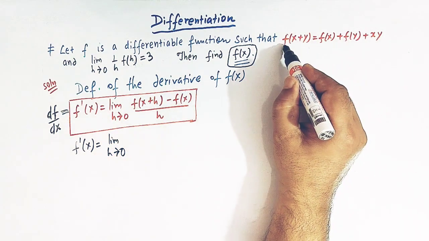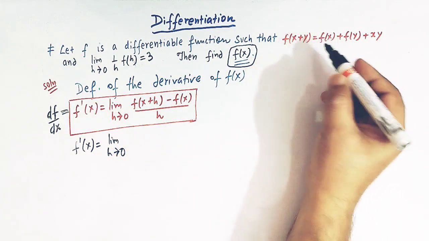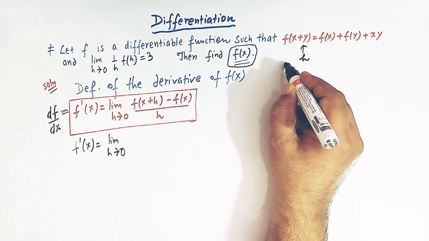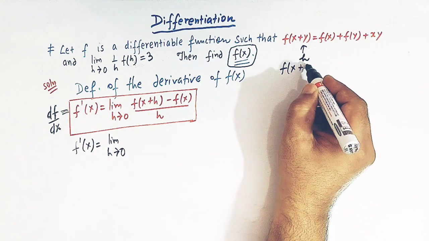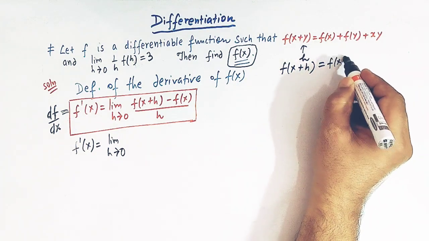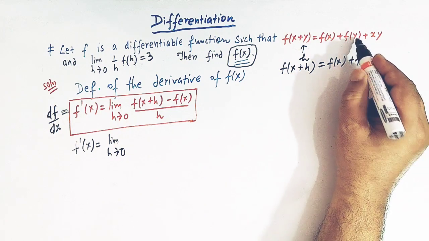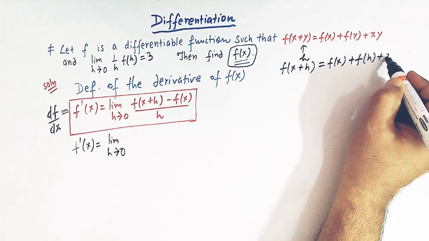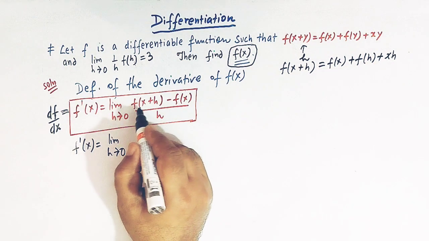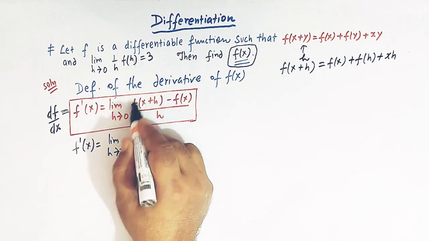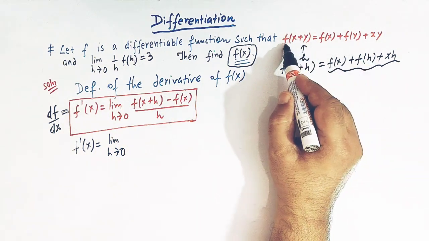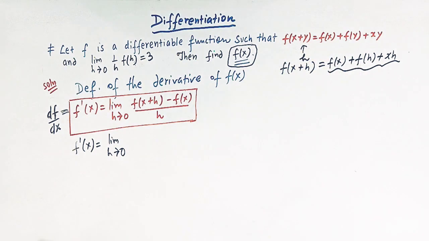Here we have f of x plus y, so if we replace y by h, then f of x plus h can be written as f of x plus f of h plus x times h, using this functional equation.